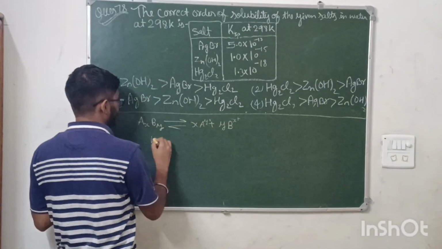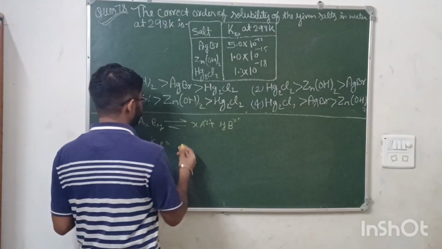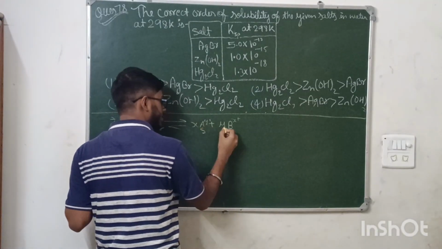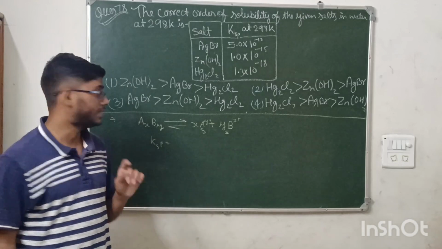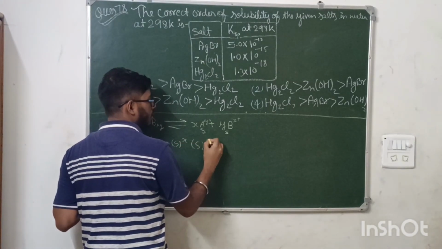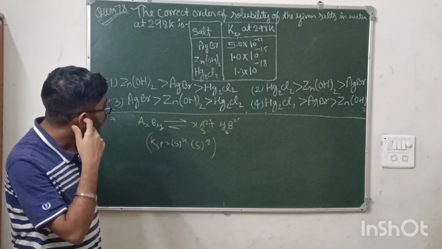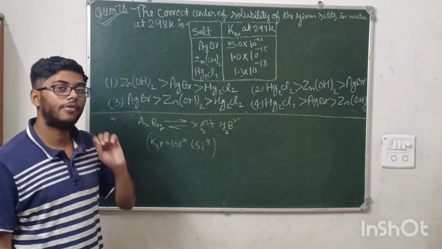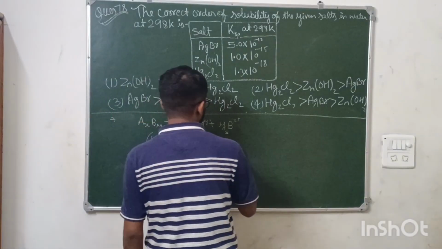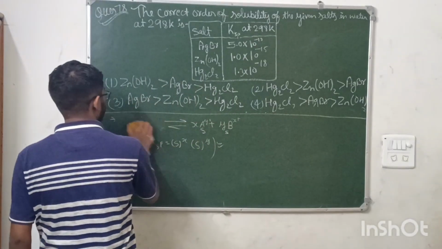Now KSP is represented by, assuming solubility is S and S, S to the power x and S to the power y. This is the KSP that you write for the salts. This is the general method, and we will apply the same to the above ones.